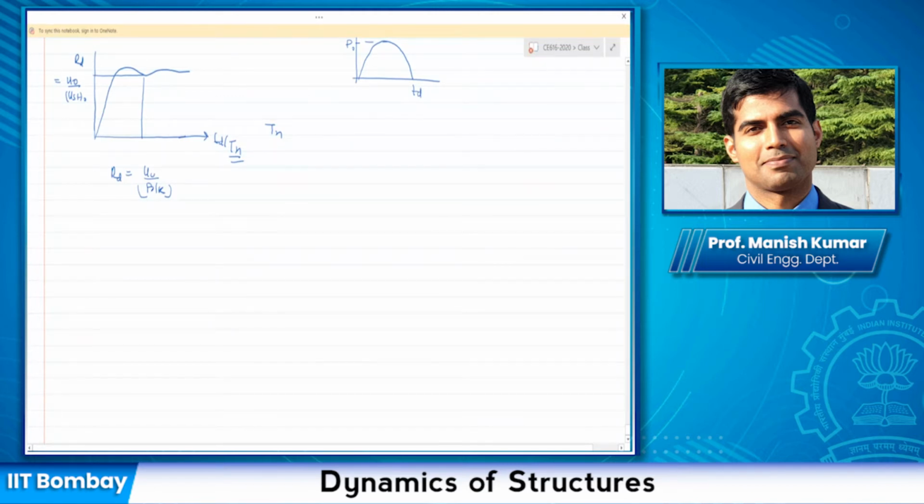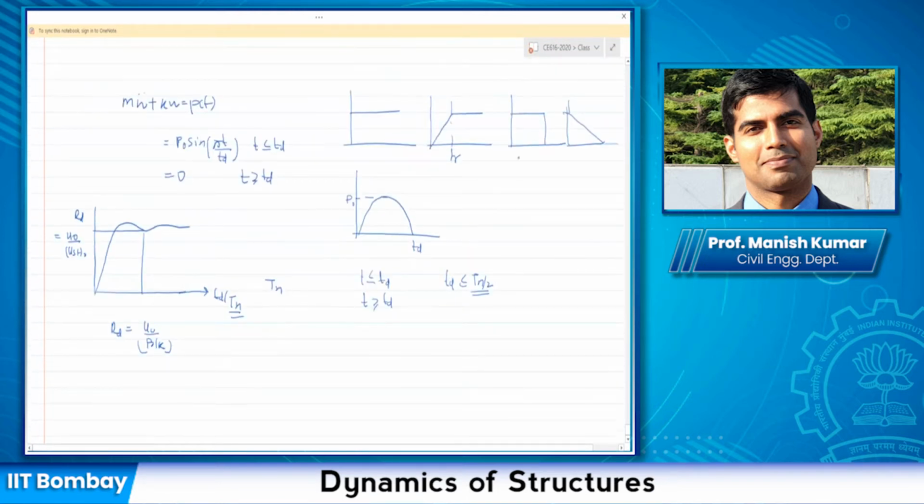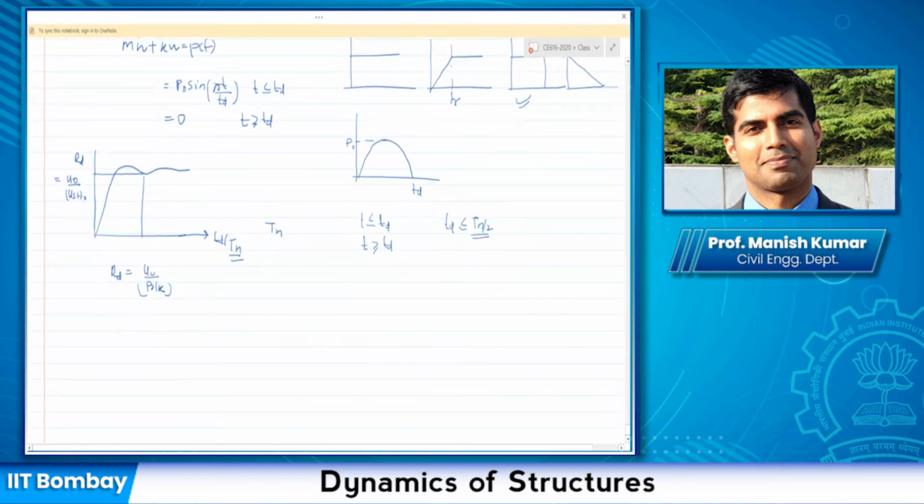Once you understand the procedure of how to find the response, remember, always divide the response in two phases: one when time is smaller than td, and when it is greater than td. For peak responses, you might have to consider whether td is smaller than tn by 2, if it is a rectangular pulse, not step force, or whether it is a sine pulse.